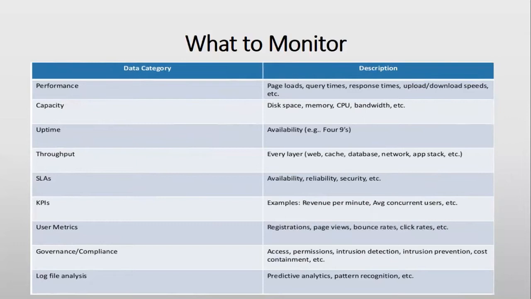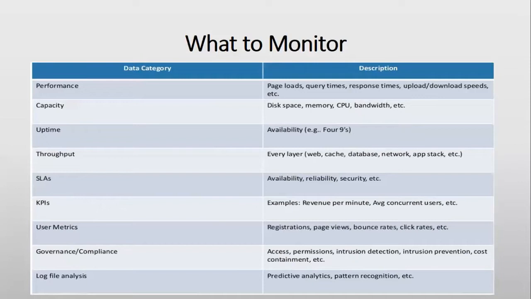If we talk about performance, then monitoring is required for the performance of the network speed, the performance of the page loads, the performance of the response times, etc. Next comes the capacity. If you are talking about the capacity of the system, what is the disk usage status?